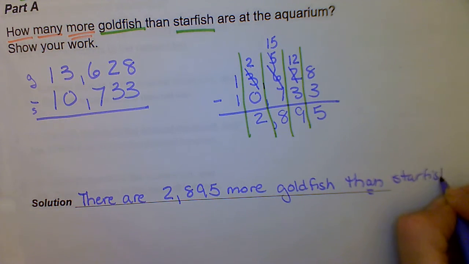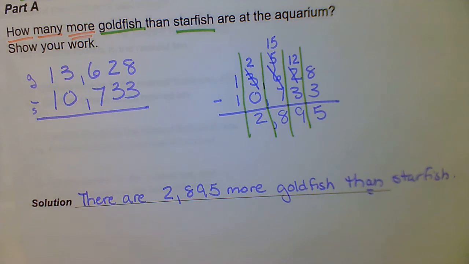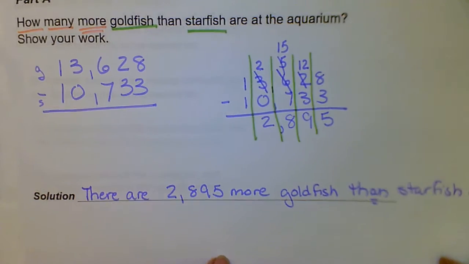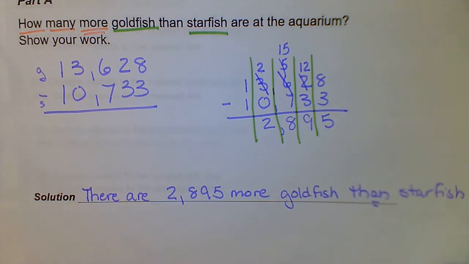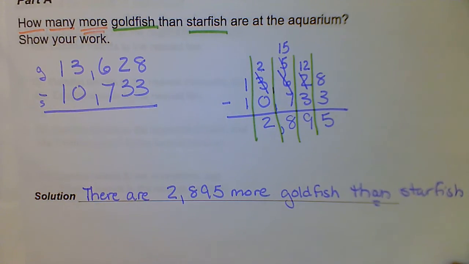And that's fine. You can add at the aquarium if you want, but we're good like this. Okay, so let's go on to B and see what we get for part B.